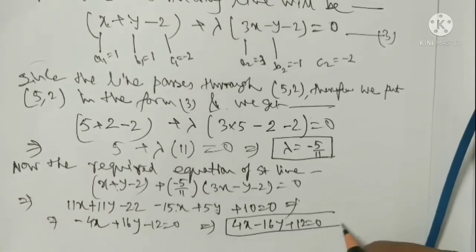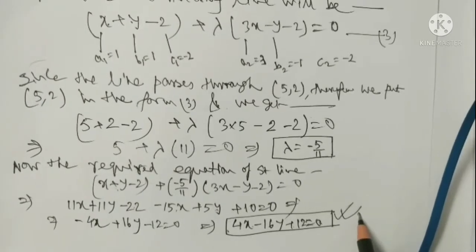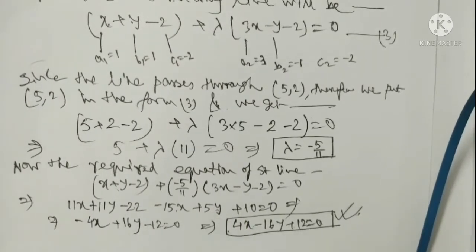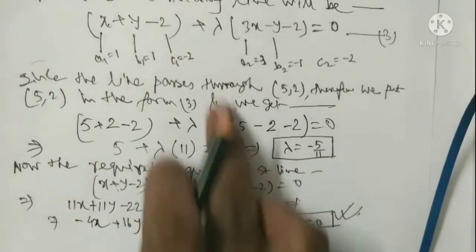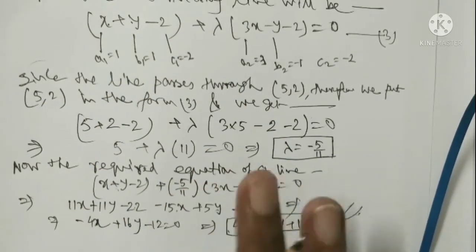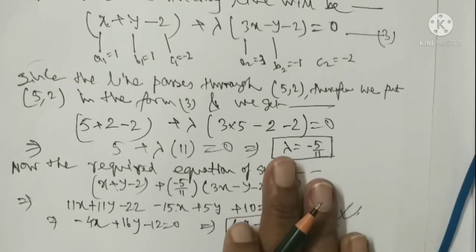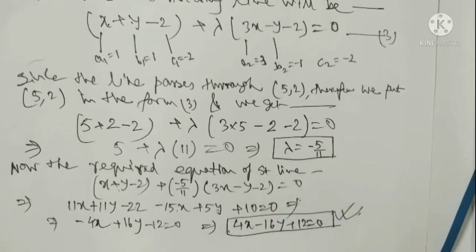This is our required formula, that is ax plus by plus c equals 0, and this is the answer. This is the example of an intersecting line and its equation. This is complete. Now we will focus on parallel lines and their equation.